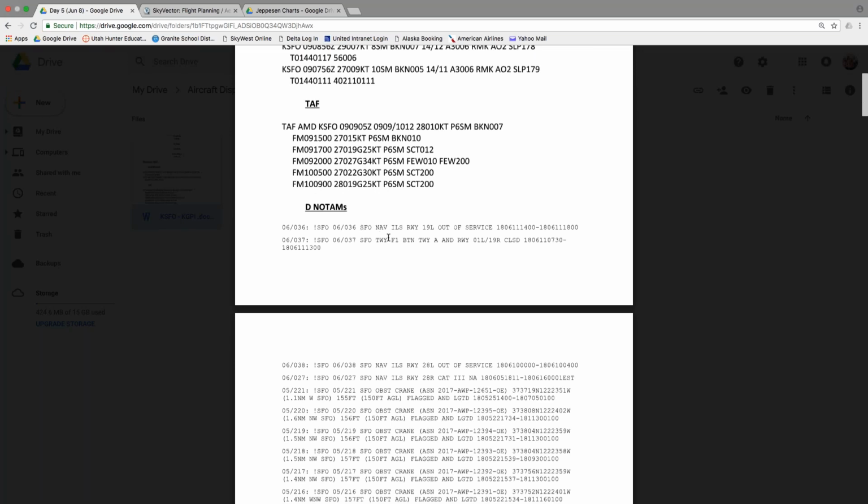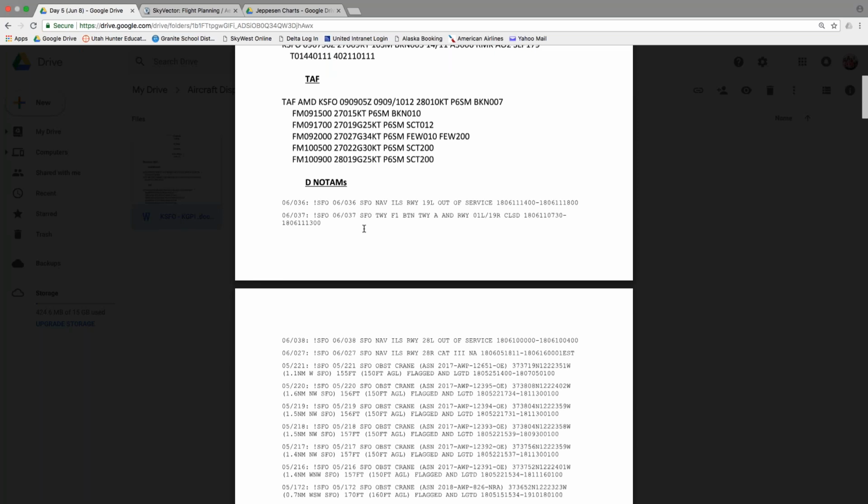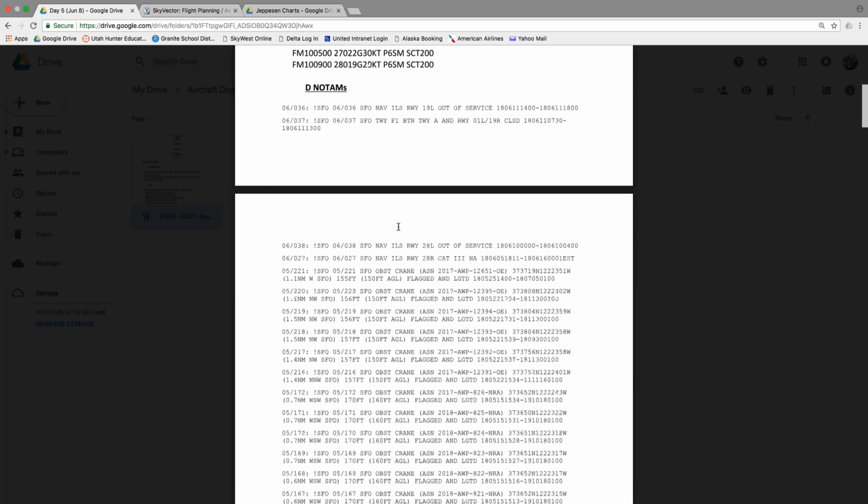We don't want to waste time on taxiway NOTAMs because that's something the pilot's concerned with. That's not something we're concerned with as dispatchers. Okay, so nav ILS front 19 left out of service. I don't even have to look at the valid date because I know the ILS isn't pertinent to my departure, okay?